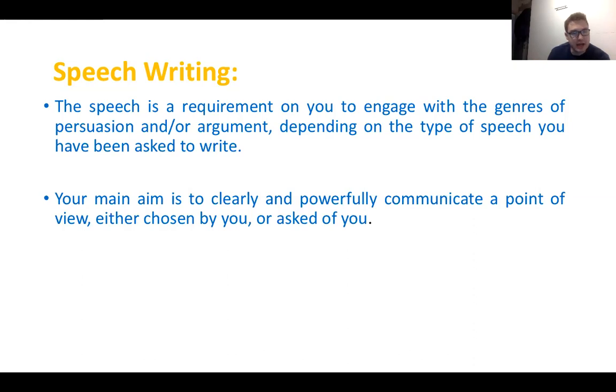So for example, if it's a speech on the overuse of smartphones with young people, you could start with: 75%. That is the number of people under the age of 18 who say they are addicted to their smartphone, whatever it might be. So you can engage the audience without simply saying, good afternoon, ladies and gentlemen, my name is today. Do you know what I mean?